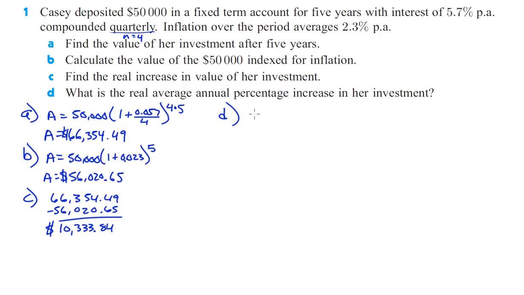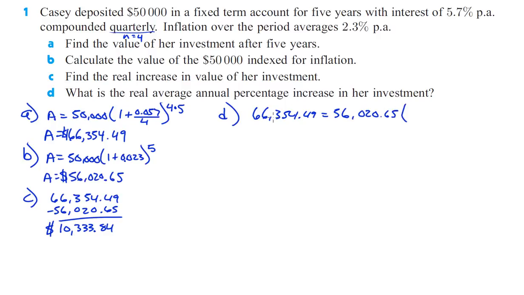So here's what we want to do. You want to start with your ending amount, which is our 66,354.49, and then our starting amount, which was 50,000, but we're going to index it for inflation. So we use 56,020.65.